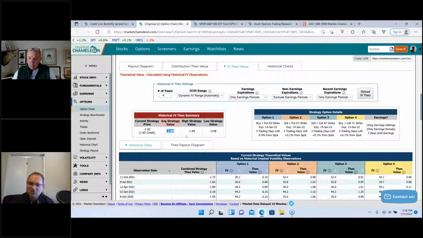On average, we would have gotten $1.80 credit. Right now, $1.83 credit, so that's a little bit extra than the average. Here's the range, as low as $1.04, as high as $3.06. So we're not anywhere near that high of a range, but $1.80. So we still have some edge there.